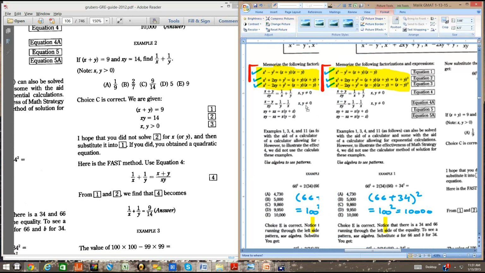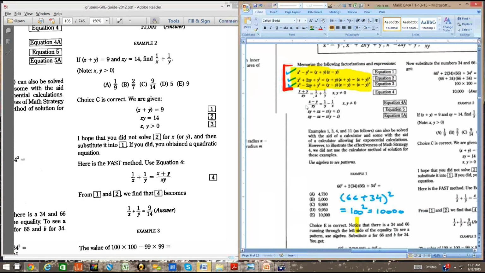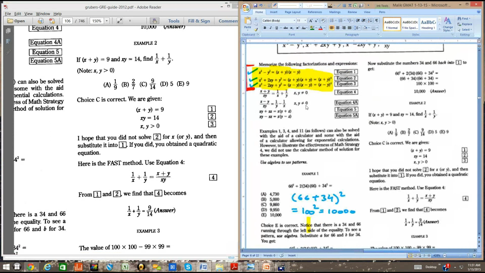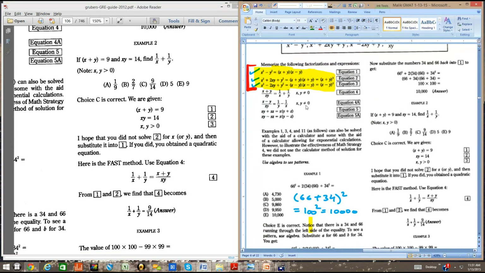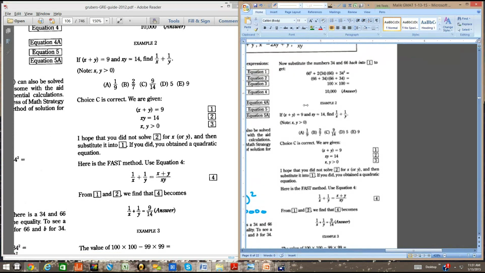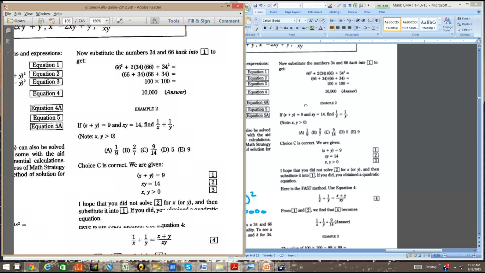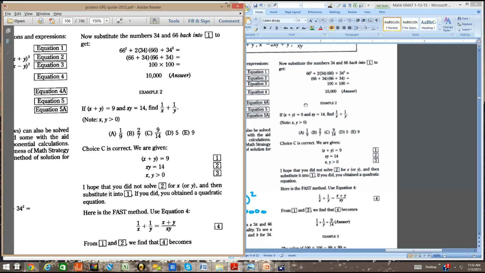All right. Example 2. x plus y is 9 and xy is 14. How do you do something like this?